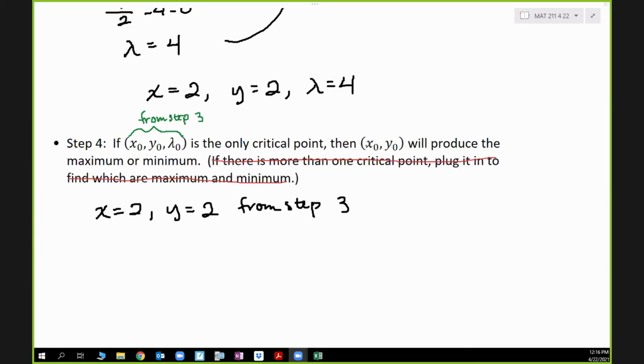So our x naught y naught, which is just the x and y we found in step 3, are going to produce the maximum or minimum that we are looking for.